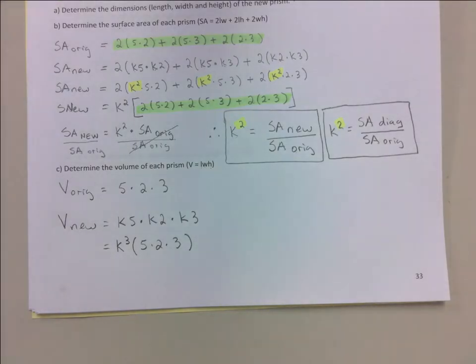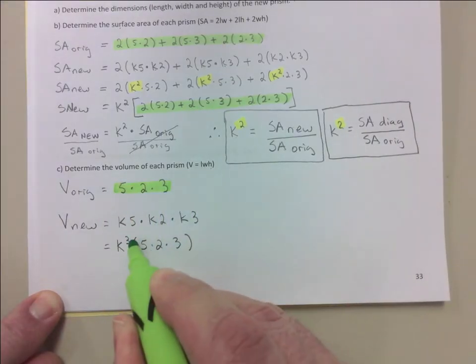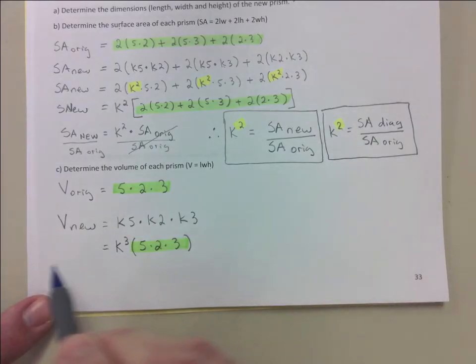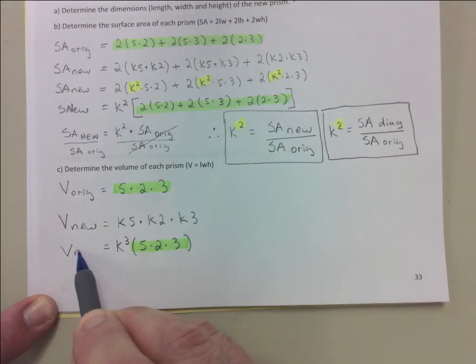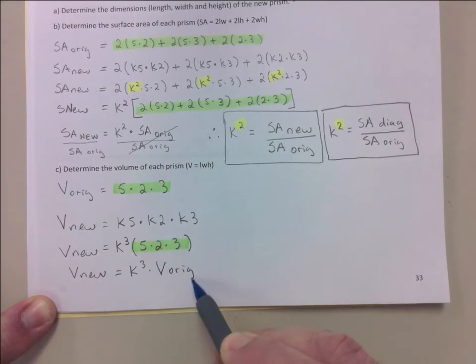And if you have green, I'm just going to show you that this is the same as that. And I need to make sure this is still saying new. So our next line is going to be that the volume of new is K cubed times volume of the original.